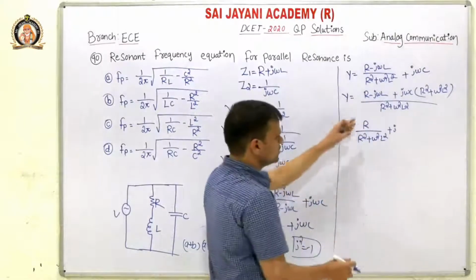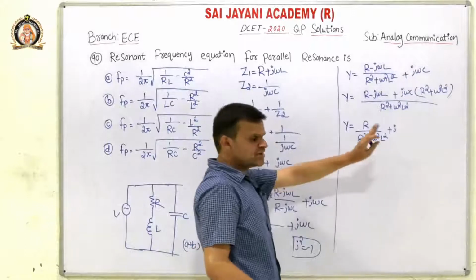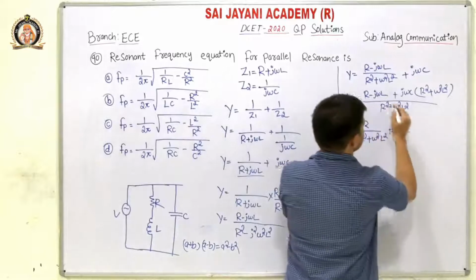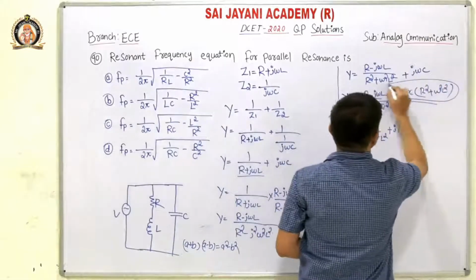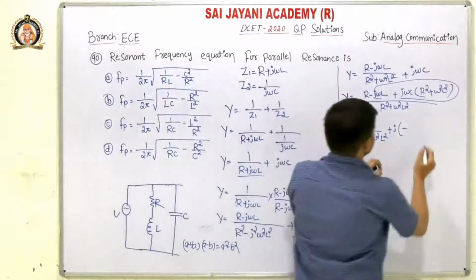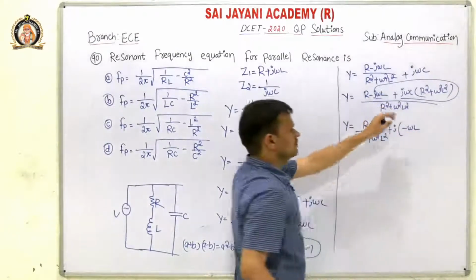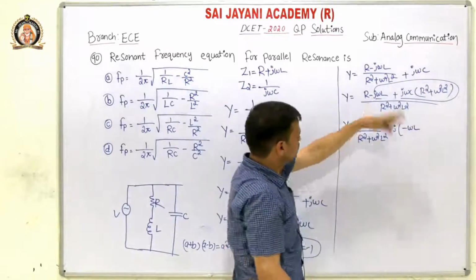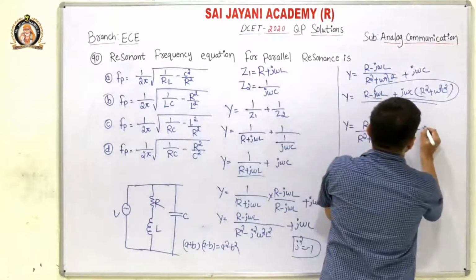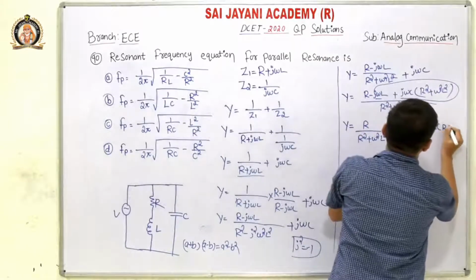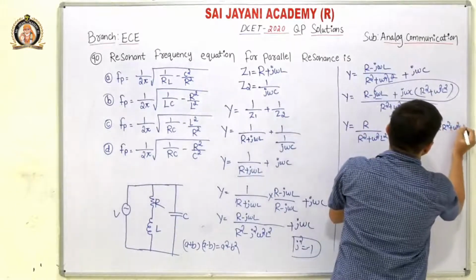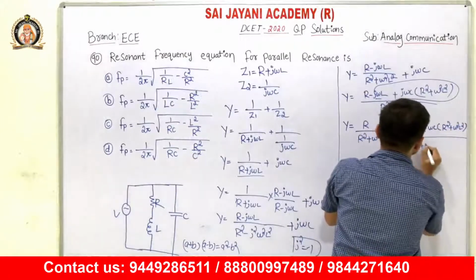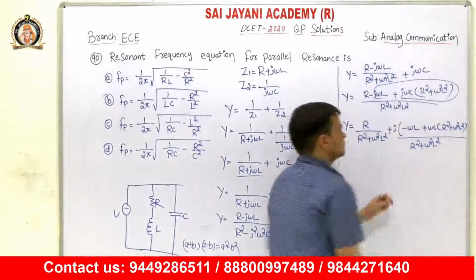The real term is R divided by R square plus omega square into L square, and the imaginary term, that is j, is taken out. We are taking plus j, so inside we will write minus omega L, then plus omega C into R square plus omega square into L square, whole divided by R square plus omega square into L square.